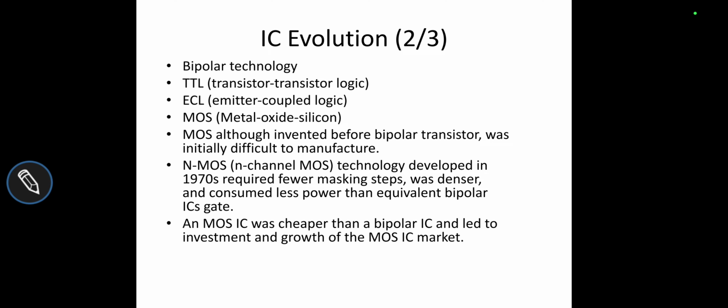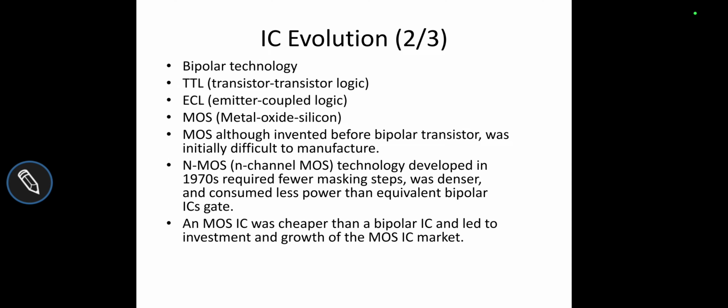Here, first we have IC evolution with respect to the number of transistors and gates: SSI, MSI, LSI, then very large scale integration. Then the second part of IC evolution is with respect to bipolar technology and mostly MOS technology.